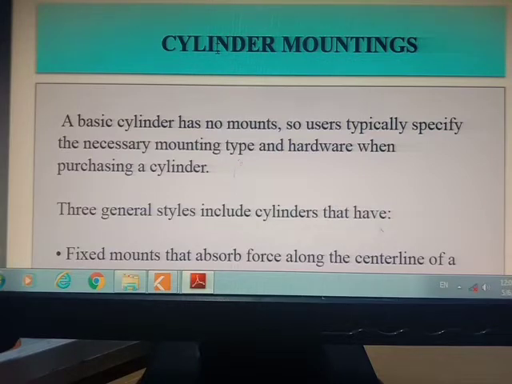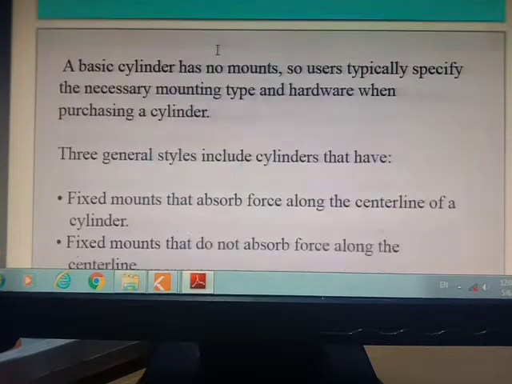For this there can be different arrangements. So exactly how you want to mount the hydraulic cylinder on the machine, according to that you have to mention what type of mounting you want.